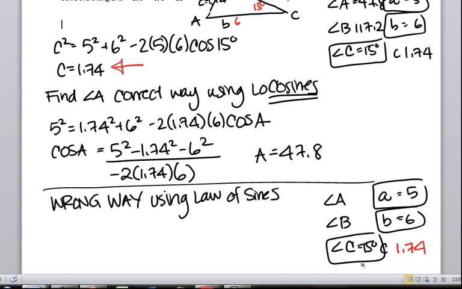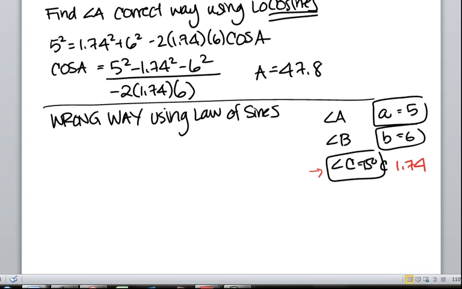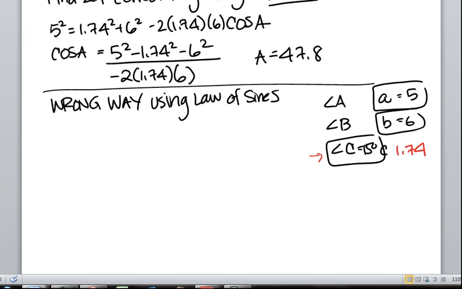Okay, so you're saying, well, I have this ratio here, so I can use the law of sines to find A. Well, I want to show you that if you find A using the law of sines, you're going to introduce a second triangle. So here we go. If I have sine of 15 over 1.74, I should be able to say sine of A over 5, right?